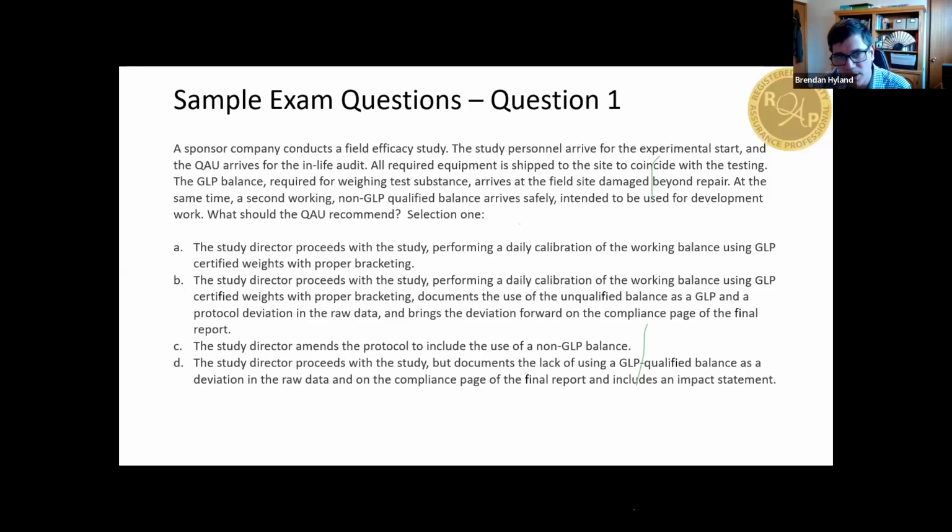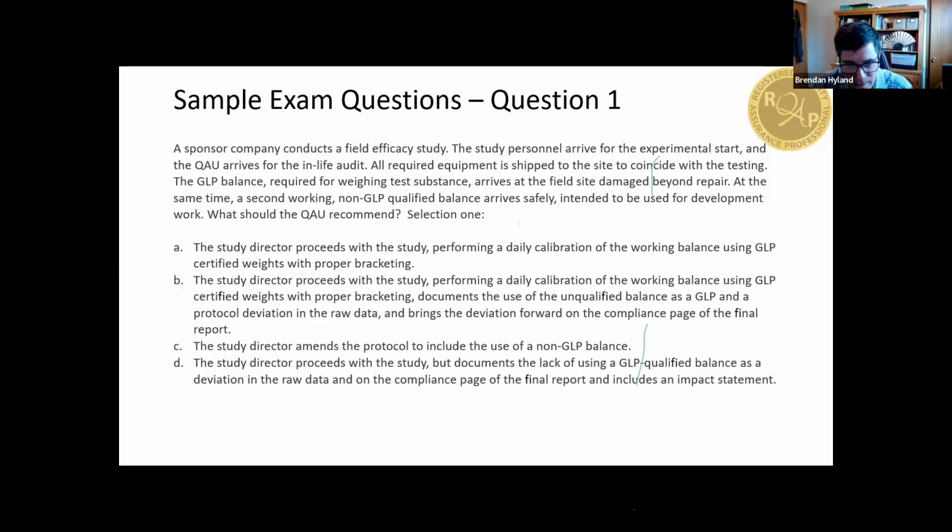A, the study director proceeds with the study, performing a daily calibration of the working balance using GLP certified weights with proper bracketing. B, the study director proceeds with the study, performing a daily calibration of the working balance using GLP certified weights with proper bracketing, documents the use of the unqualified balance as a GLP and a protocol deviation in the raw data, and brings the deviation forward on the compliance page of the final report.